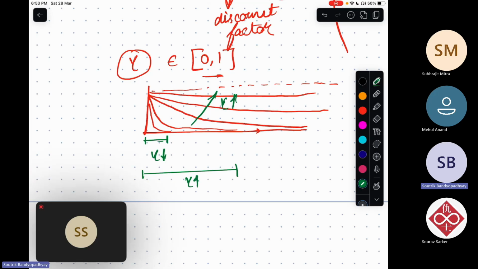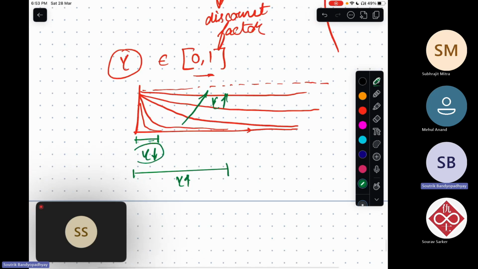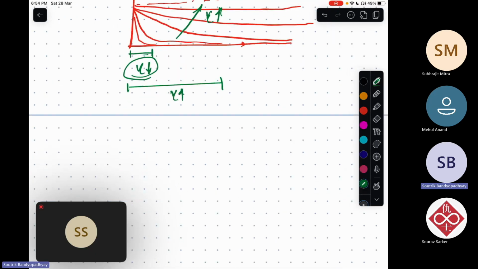So you can imagine, if you want to maximize short term rewards, irrespective of long term behaviors, you would pick a lower value of discount factor. But if you want your agent to look at long term objective maximization, you would choose a higher discount factor. So, here's the trade off. Suppose there is a student trying to optimize for short term scenarios. They want pleasure in the short term.